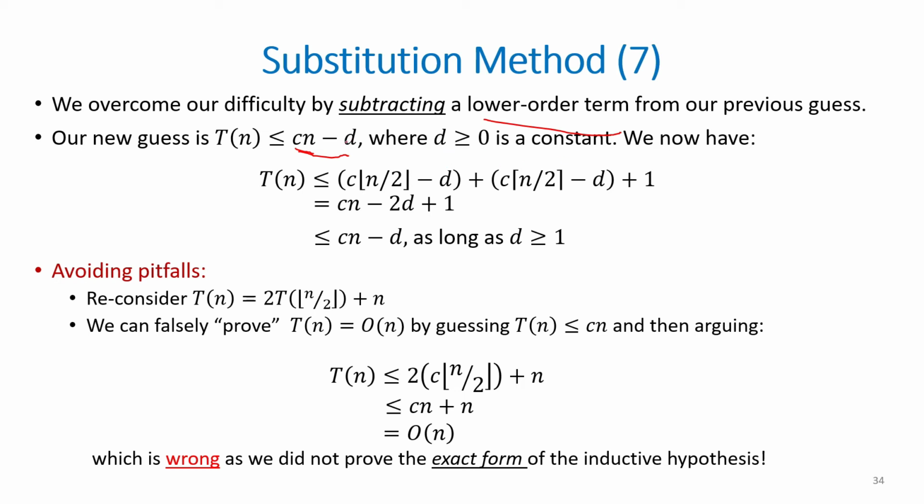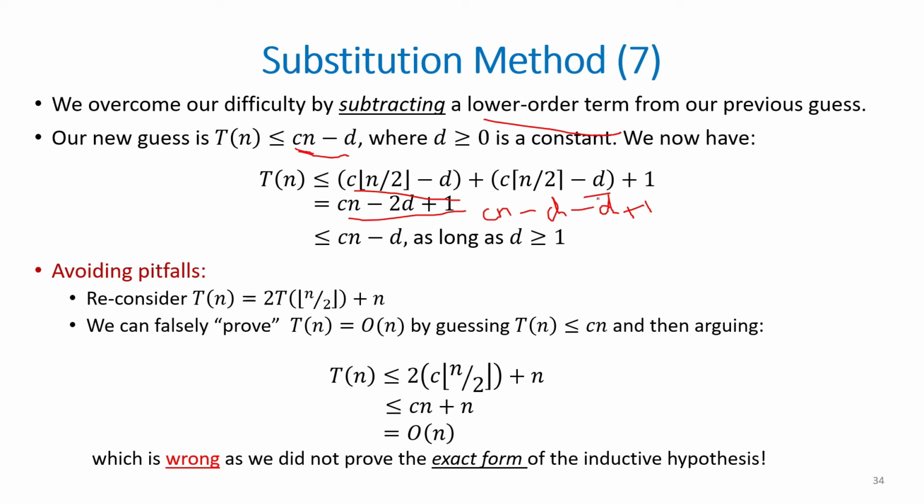Now, when we plug in this solution for m equal to n half, as we did earlier, we would have a minus d term added in our derivation, which reduces to cn minus 2d plus 1. Now we have to arrive at the same form as we guessed initially. So we should remove cn minus d from this entire term. So removing d would leave us with cn minus d plus 1.